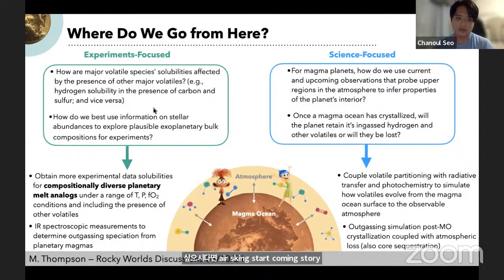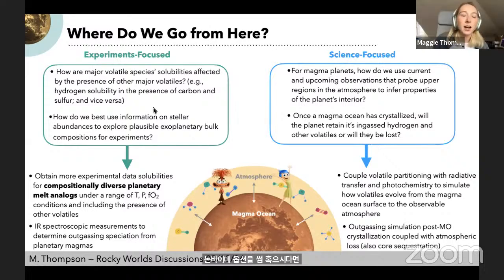So I understood that the hydrogen gas dissolution mechanism in silicate is more governed by physical dissolution of H2 gas into the empty space in the silicate. But after seeing your experimental result, it looks like the hydrogen gas dissolves into the silicate as a chemical dissolution, which reacts with non-bridging oxygen ions in the silicate to form OH. So do you think this kind of dissolution mechanism of the H2 gas is really governed by the pressure or something?